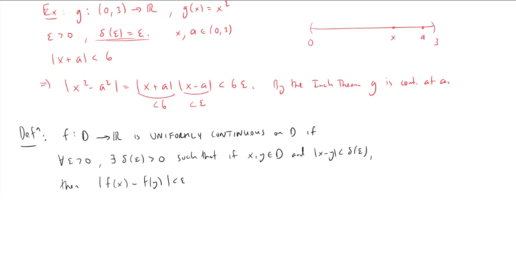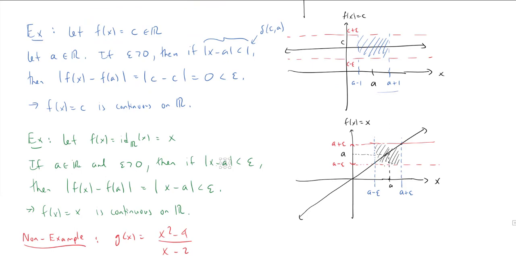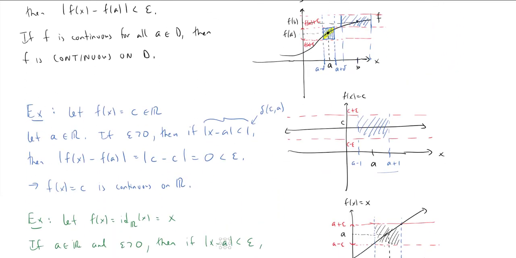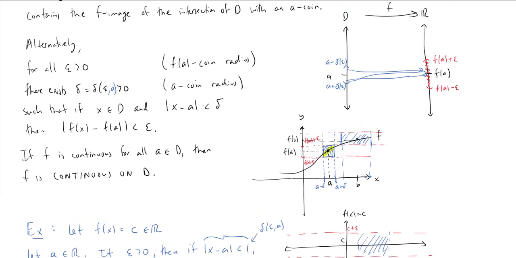So let's just quickly go back and look at our definition of continuous functions. It's going to look almost the same. We said for all epsilon greater than 0, there exists a delta which depends on epsilon, but also on the a we're talking about typically, such that if x is in D and x and a are within delta, then f of x and f of a are within epsilon.